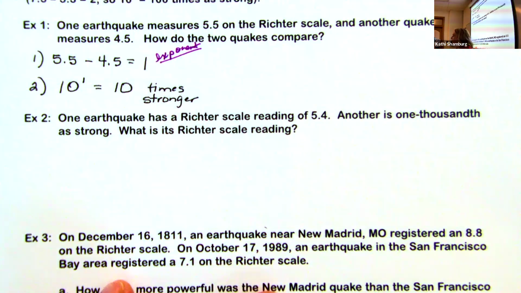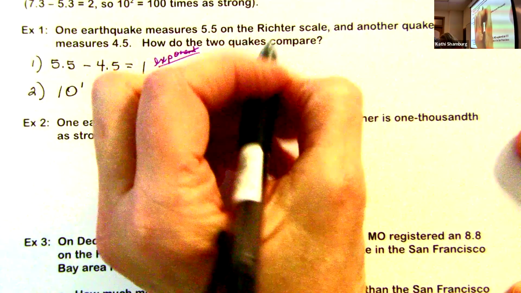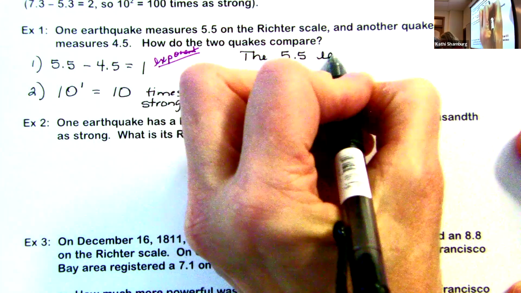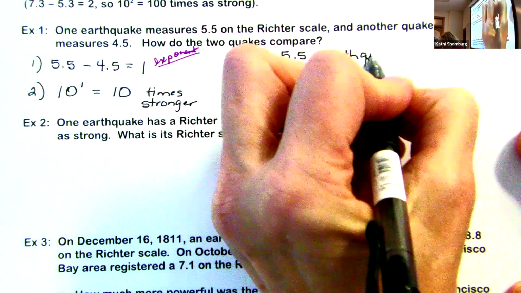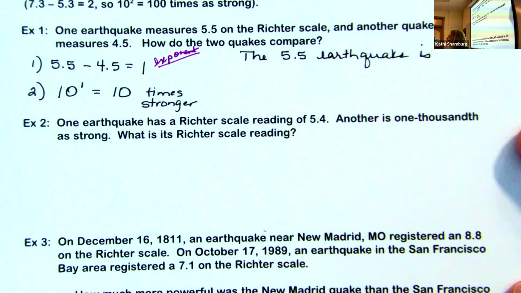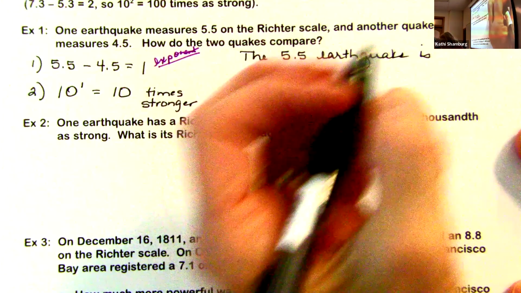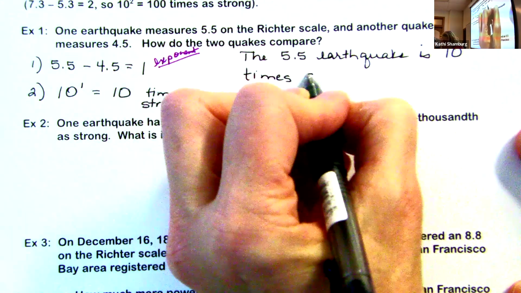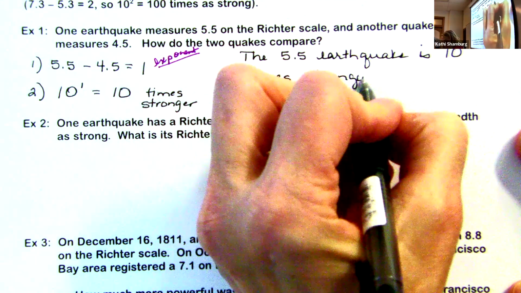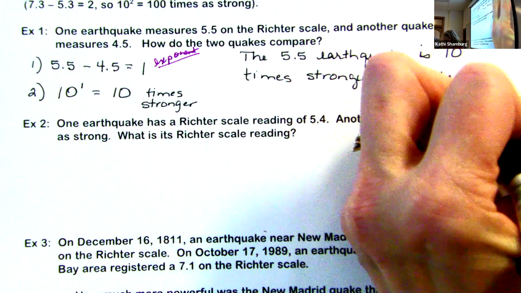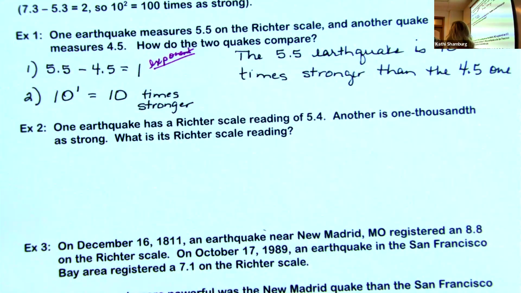So if you had to explain that to me, how much stronger is the 5.5 earthquake than the 4.5 earthquake? 10 times. So the 5.5 earthquake is 10 times stronger than the 4.5.